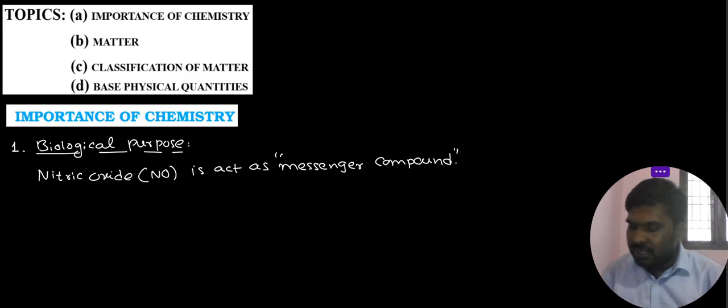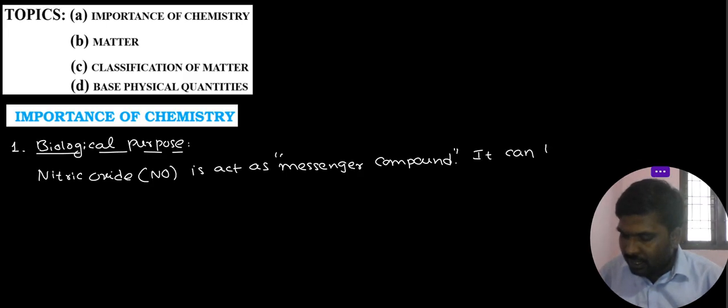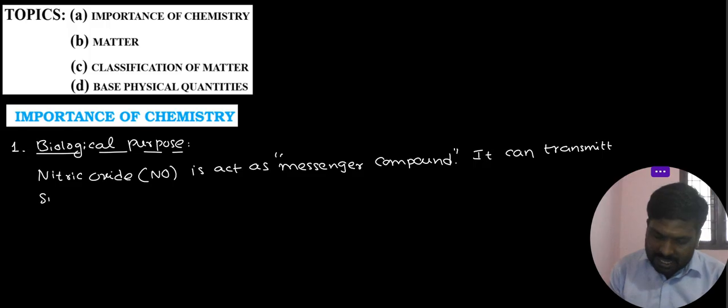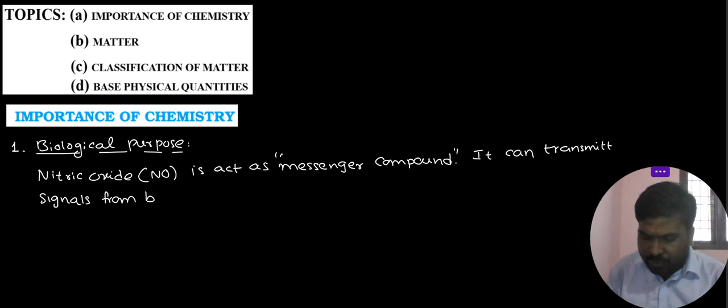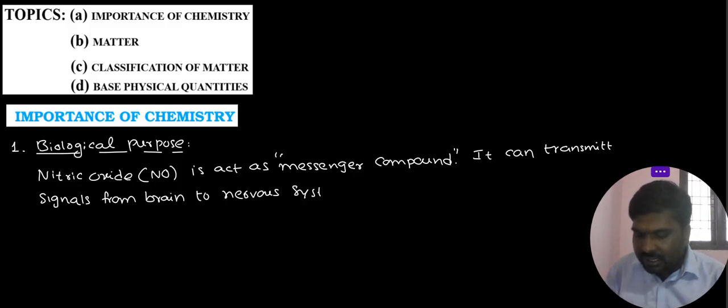Messenger compound means it can transmit signals from brain to nervous system, vice versa.